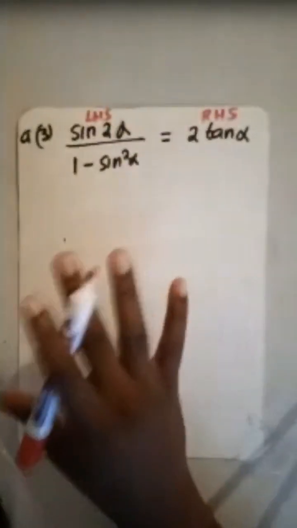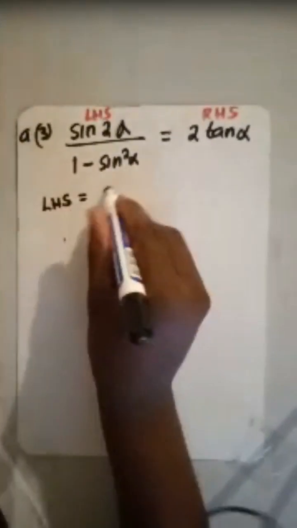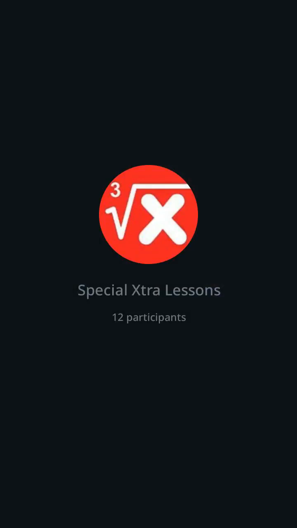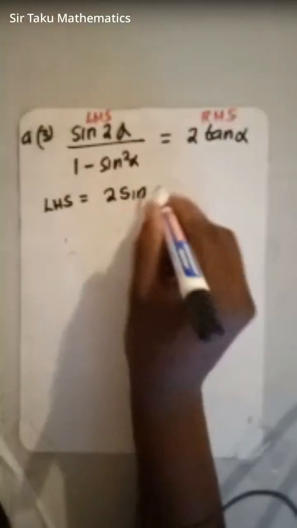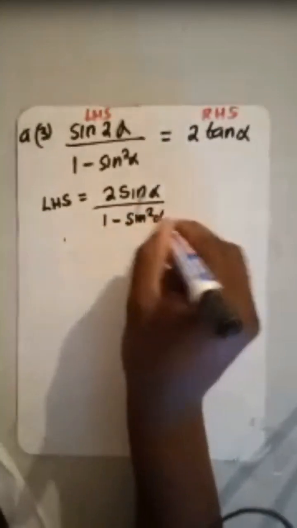If you are given these, you check which side is more complicated, and you try to prove it to be the same as the less complicated one. So we're going to choose the left hand side. Our left hand side is equal to sine 2 alpha over 1 minus sine squared alpha.